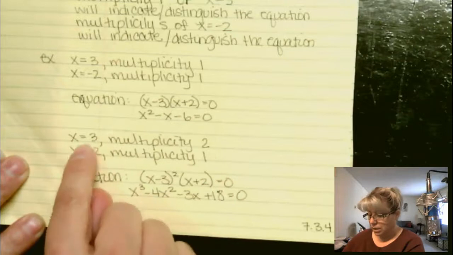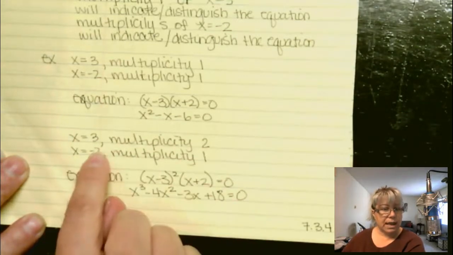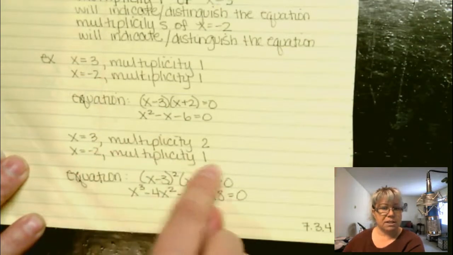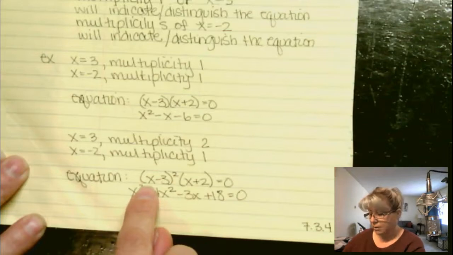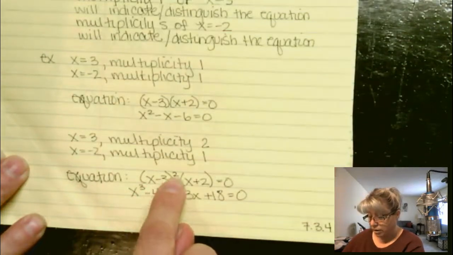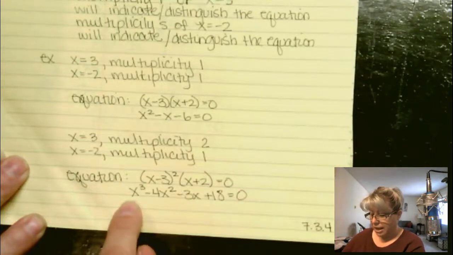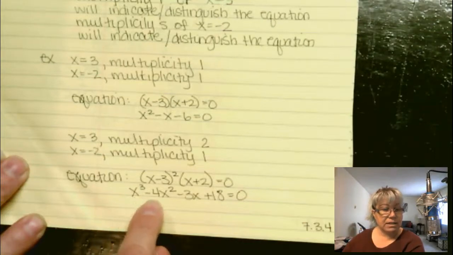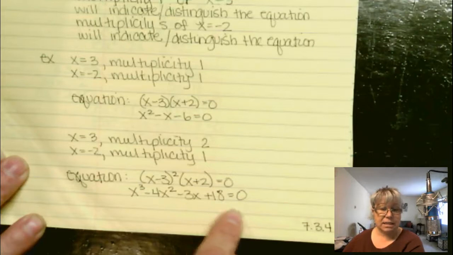But if you're given x equals 3, multiplicity 2, and x equals -2, multiplicity 1, then your equation is x minus 3 squared times x plus 2 equals 0. And if you work this out, it's x cubed minus 4x squared minus 3x plus 18 equals 0.